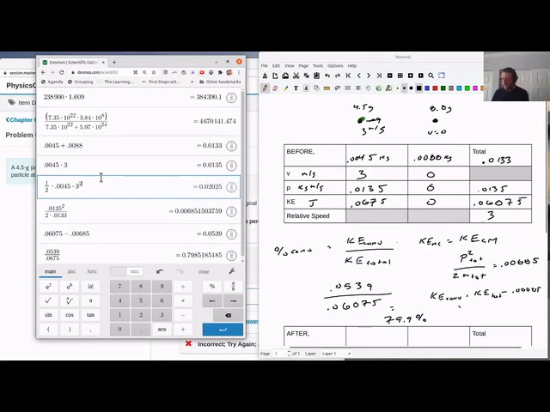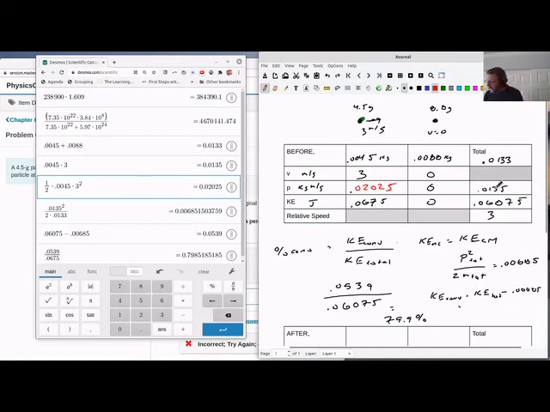And that's squared. All right, I'm going to start writing things in red so we can see which things I had to fix. So that kinetic energy is 0.02025, if you actually square the velocity instead of cubing it.